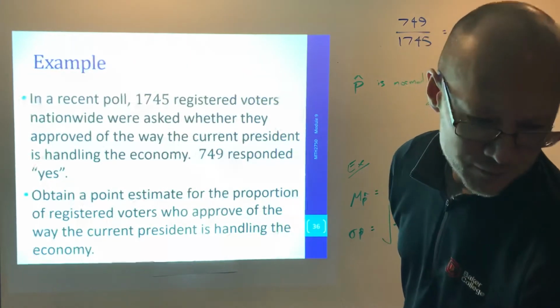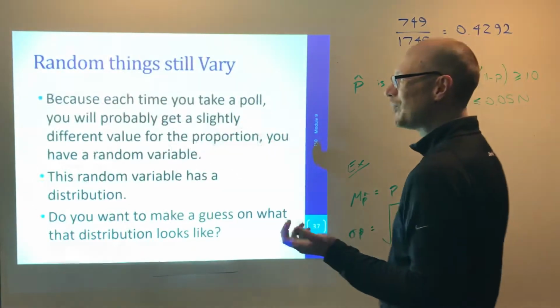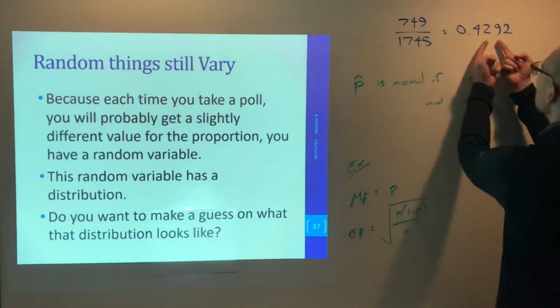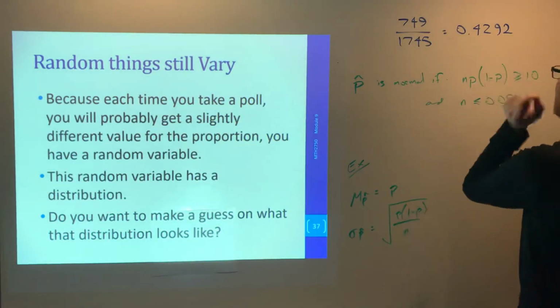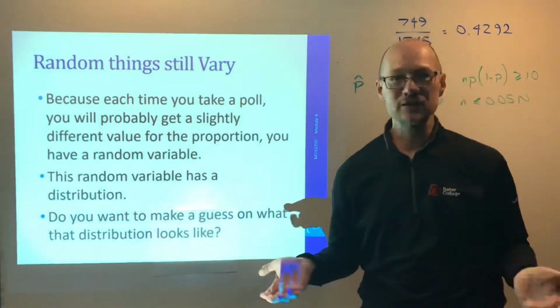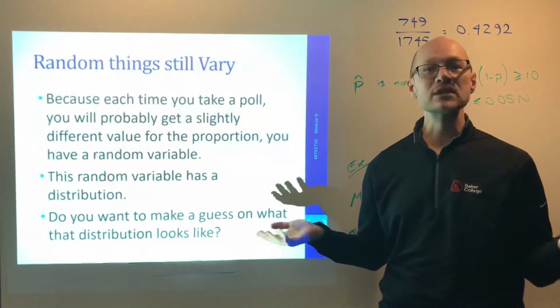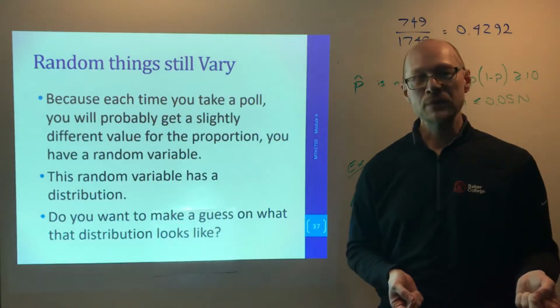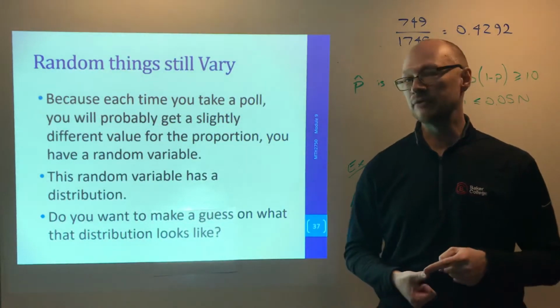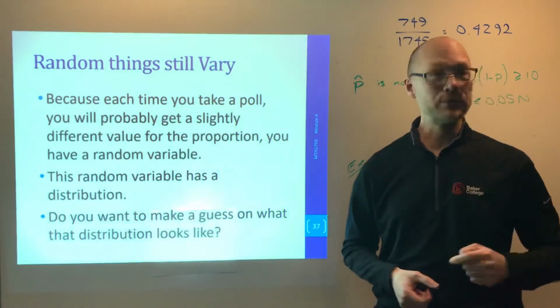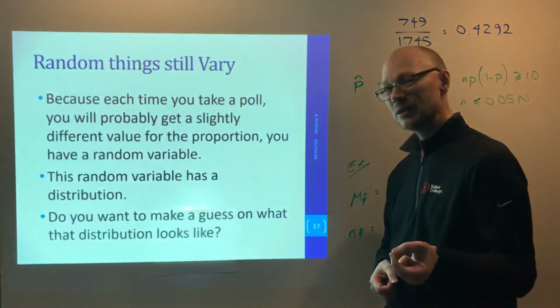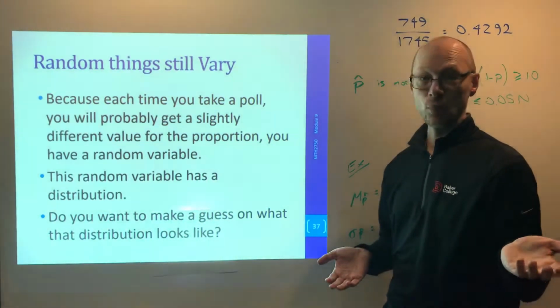Well, each time you take a poll, is it true that 42.92% of the United States believes that way? No, it's an estimate, a point estimate, right? The next time you take that poll, you might get 41%, you might get 43%, you might get 44%, you're probably not going to get 64%, right?